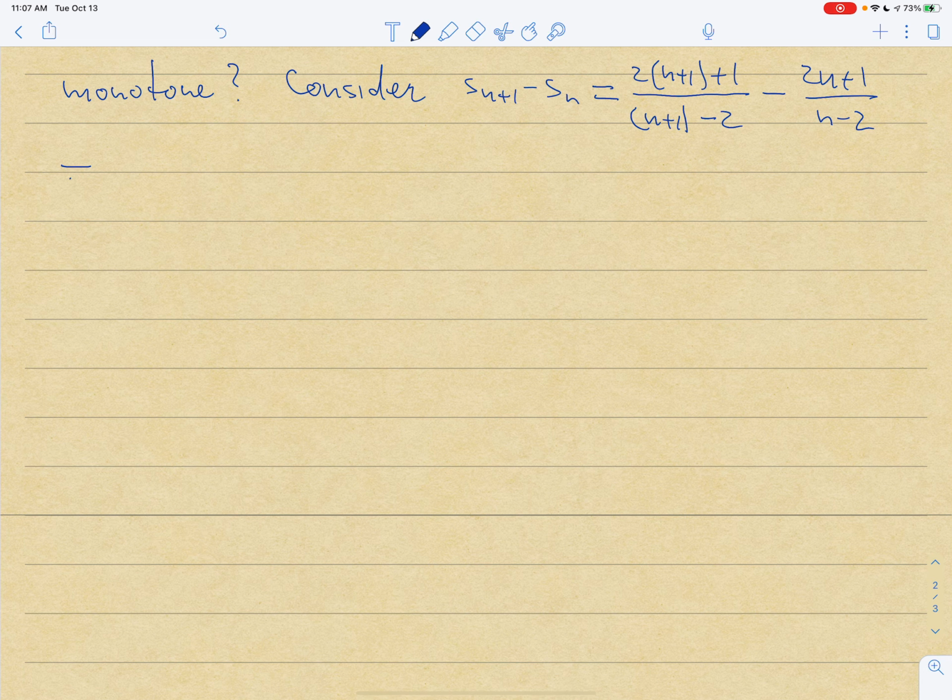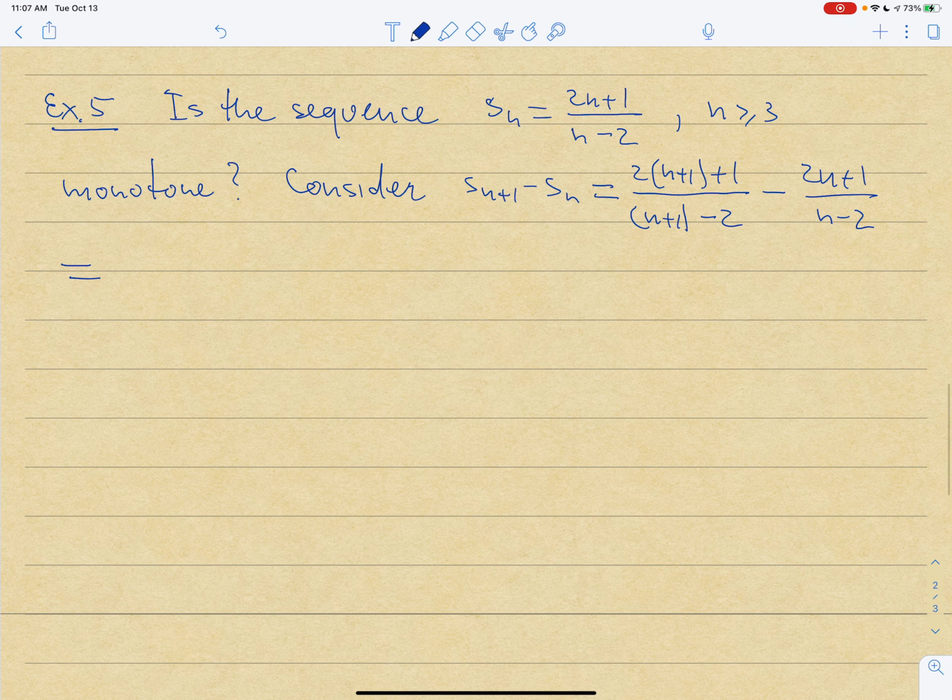So this would be equal to, if I simplify the numerator here, if I distribute 2, so I get 2n+2+1, so it should be 2n+3.